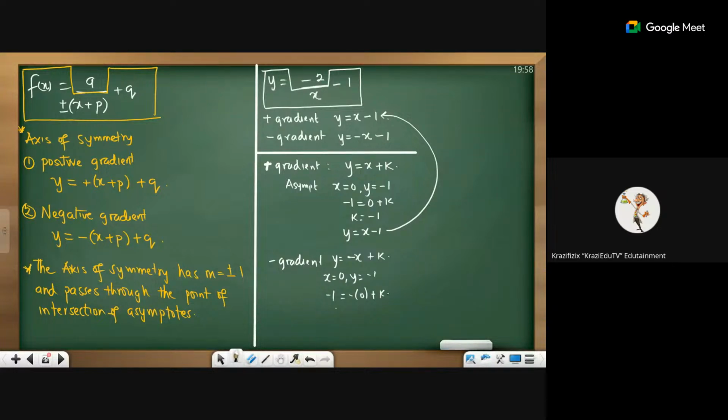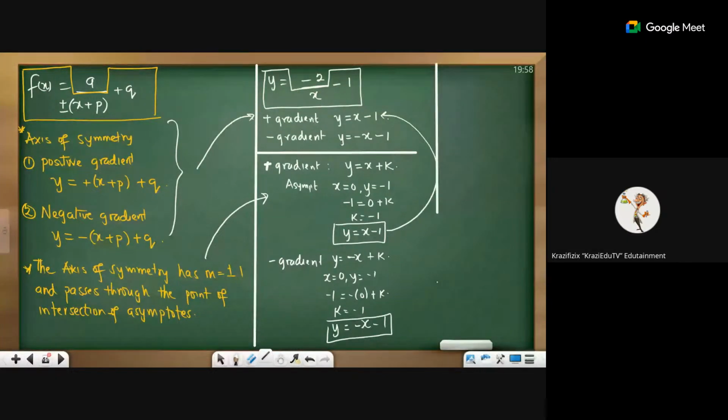What is k? -1. So what's my equation? Y equals to what? -x. So these are two ways of getting it. Either you substitute point number 2 or you use point number 1.